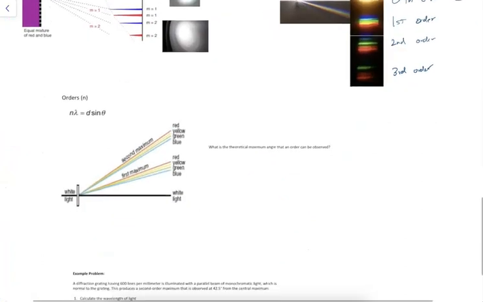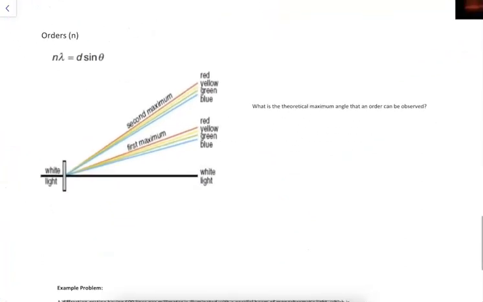And how many orders can be observed on the screen, or what's the theoretical maximum angle that an order can be observed? Well, I know that if a light is shining out of this diffraction grating at 90 degrees, it definitely cannot be observed. So our theta must be less than 90 degrees.